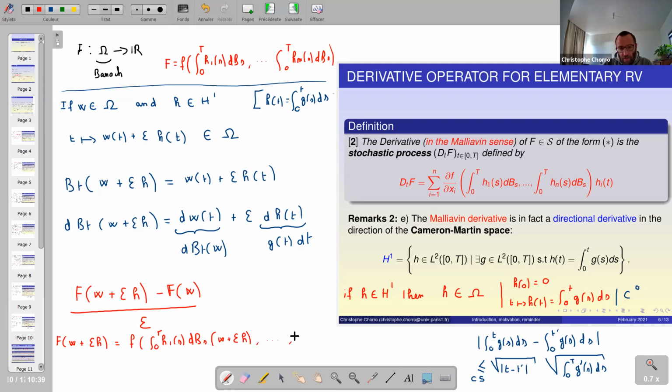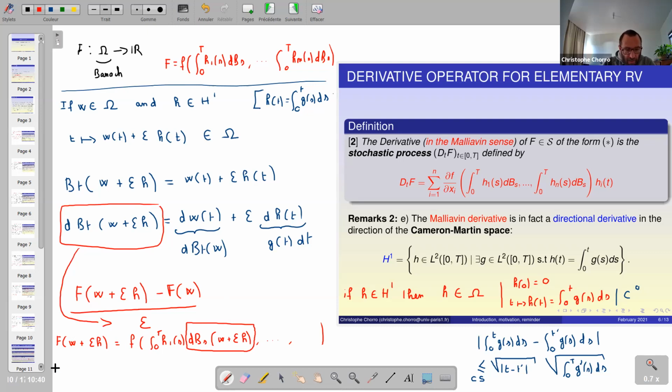And the same until the last. I just write the first component here because I don't have too much place here. But what is this one? This one has been computed here, so I use this one here.